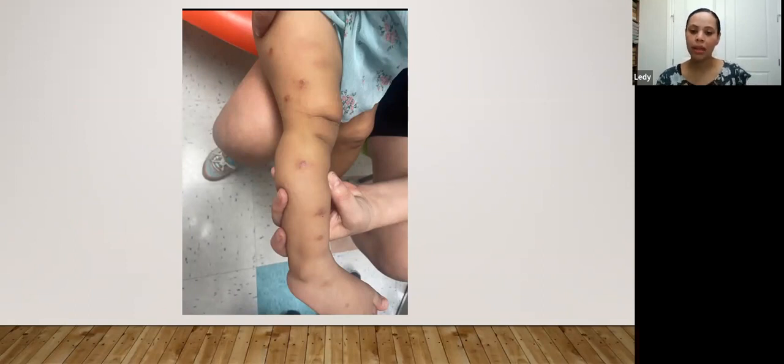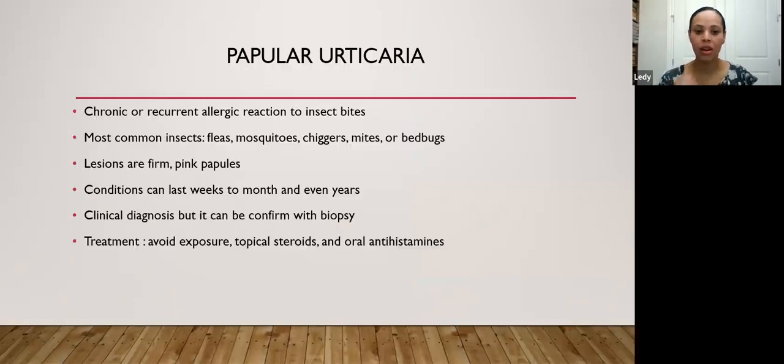But the most common thing you will see with papular urticaria is that when you check them, usually there's really not many lesions like that in their torso. So their torso is usually clear, but then their arms and legs are full of scars because they get these lesions that are super, super, super itchy.